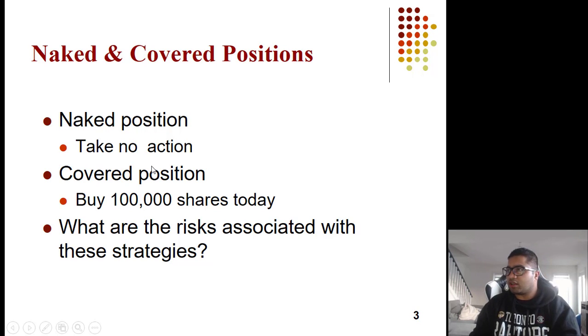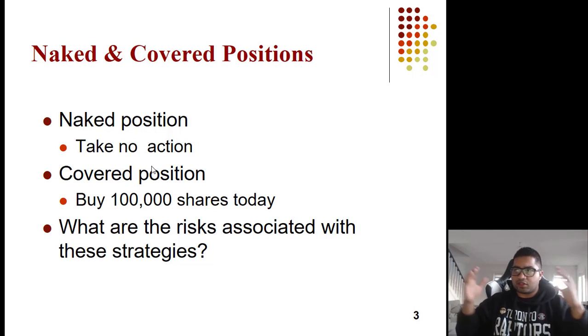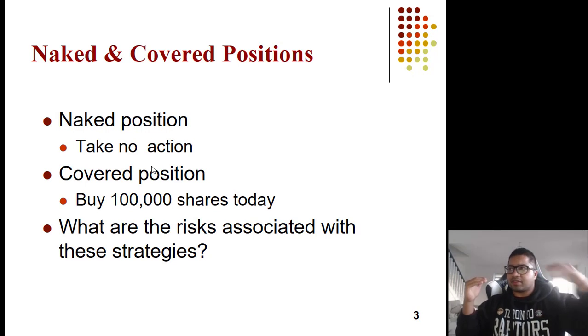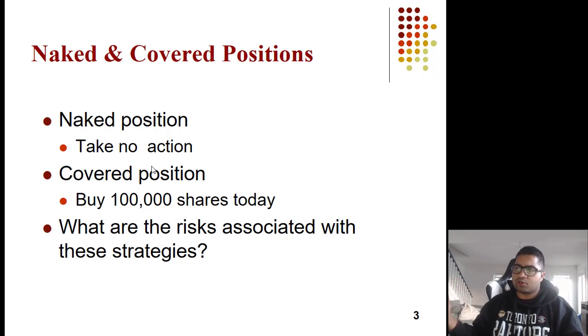You can do a covered call. If it starts moving up, you can buy shares. So you can cover your call position with the portfolio by buying the actual shares. Each time the stock moves up in the market, your portfolio will gain money, but your option position will lose money.